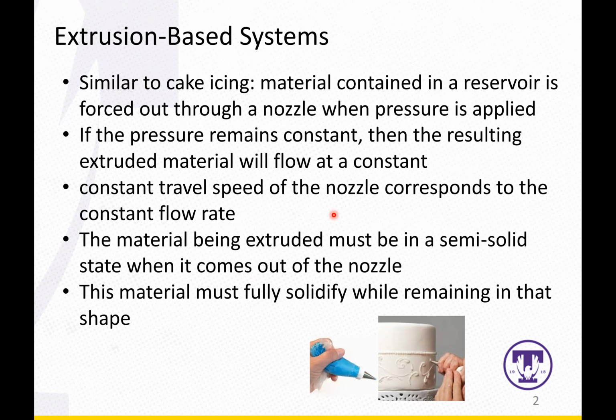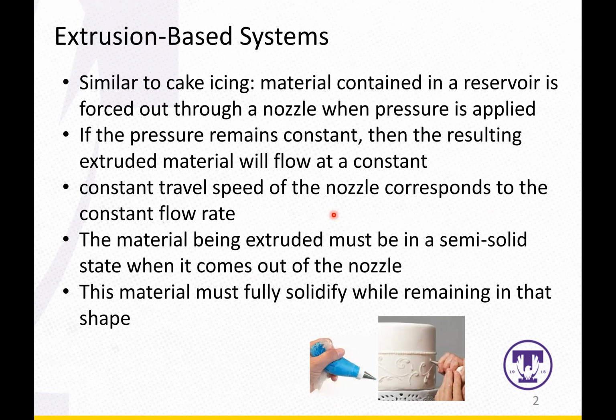And then this material must fully solidify while remaining in that shape, right? So that's another property for the material, and that's how you obtain the 3D shape, right? It must solidify and remain in the shape you extruded.